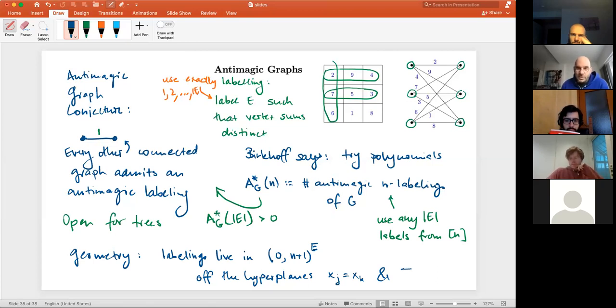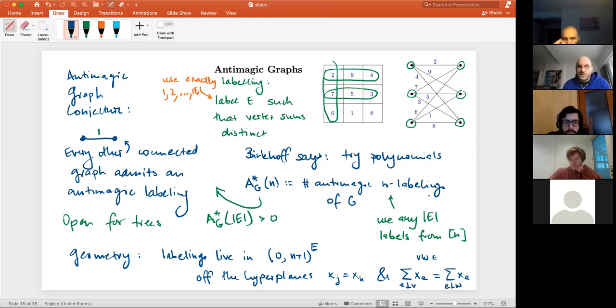And now the other one is labels around a vertex. The sum of labels of edges E incident with V should not be the sum of labels of edges E incident with W. Sorry, I didn't say this right.